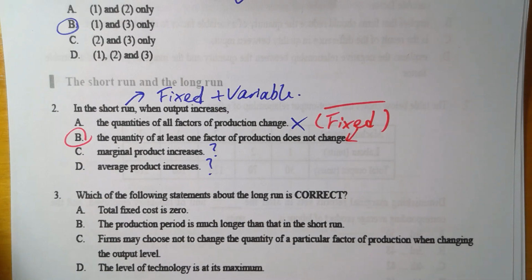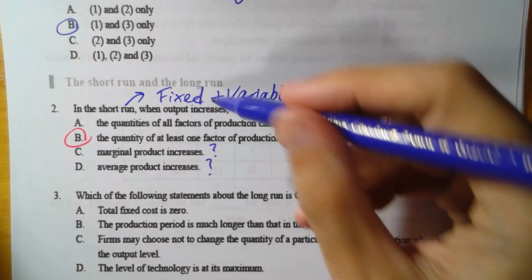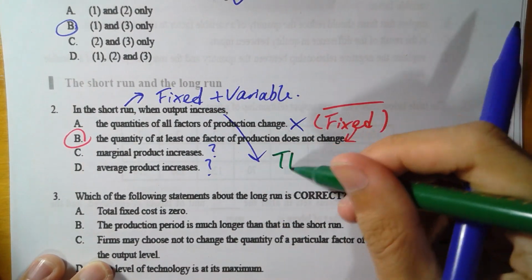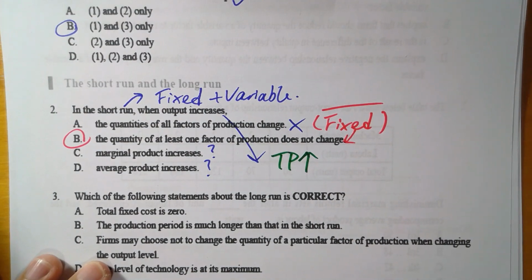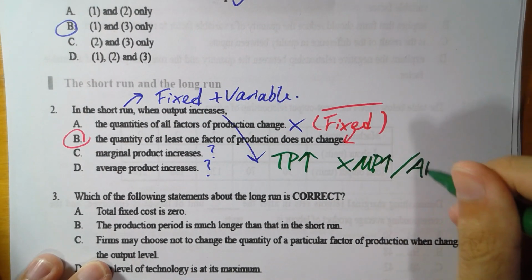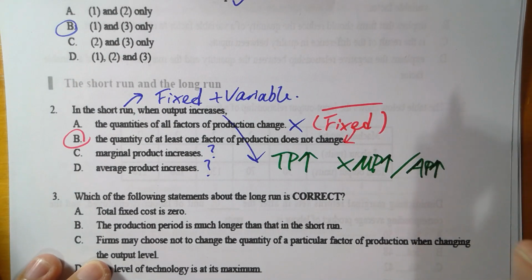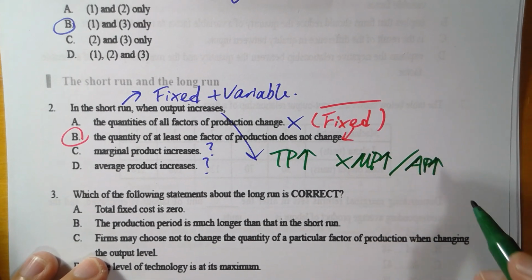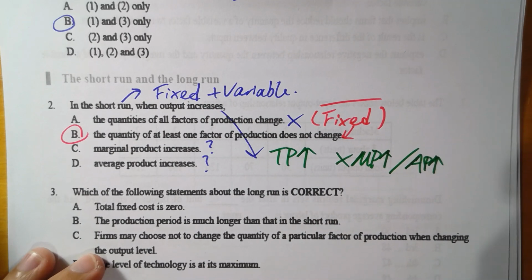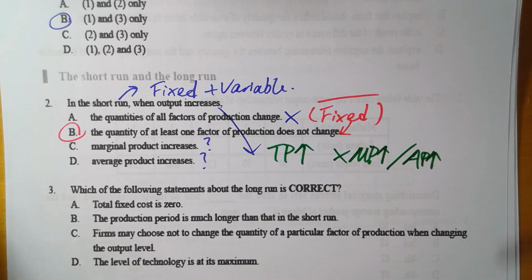When output increases, it only means total product increases, but it does not mean MP increases or AP increases. 得唔得啊？唔係 MP 上升，唔係 AP 上升，只係 total product 上升啫。Again, don't be bothered with the mathematical interpretation. DSE is no longer on mathematical interpretation.